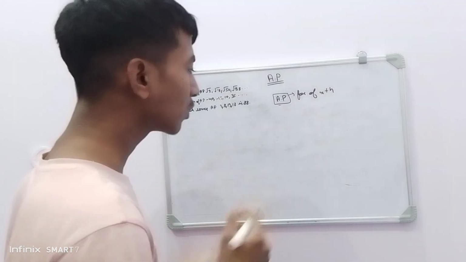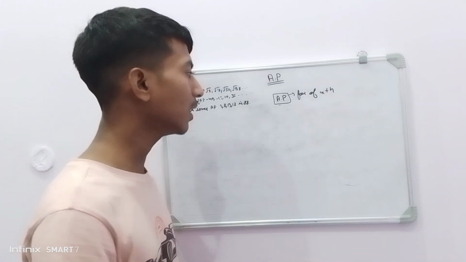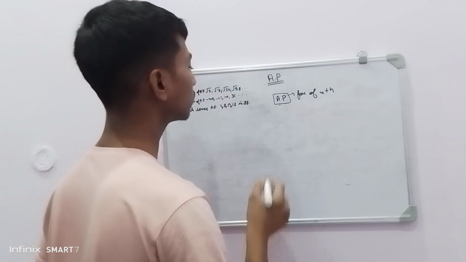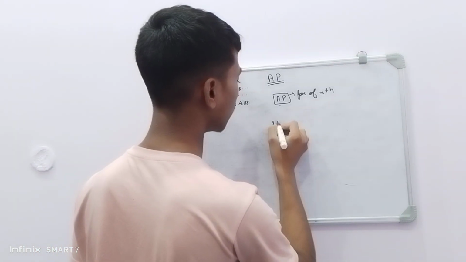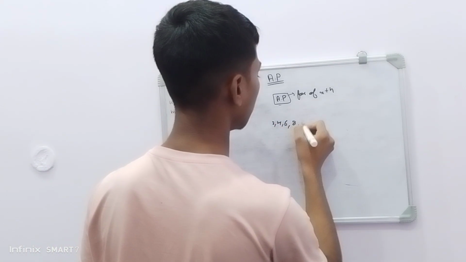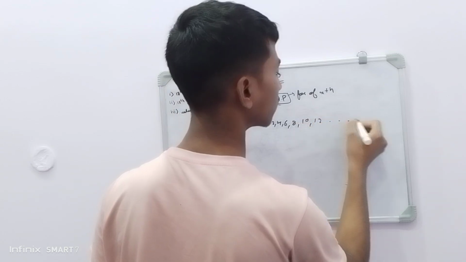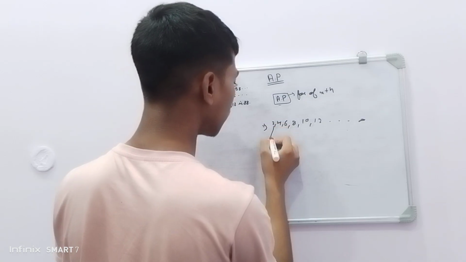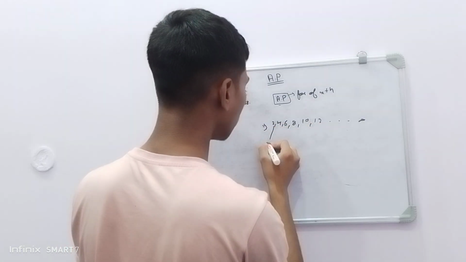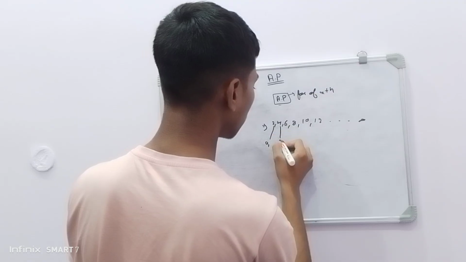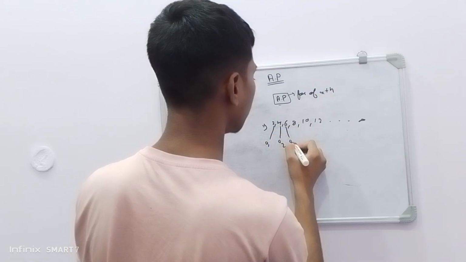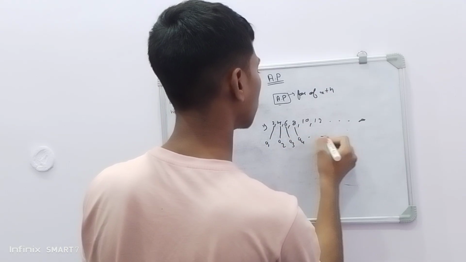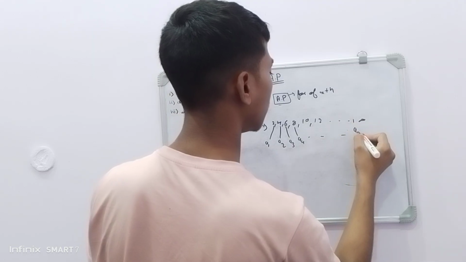Let's solve some questions and see how to apply AP in mathematics. Suppose a sequence which is an AP: 2, 4, 6, 8, 10, 12 and so on to infinity. The first term is called a1, the second a2, the third a3, a4 and so on up to the nth term, an.